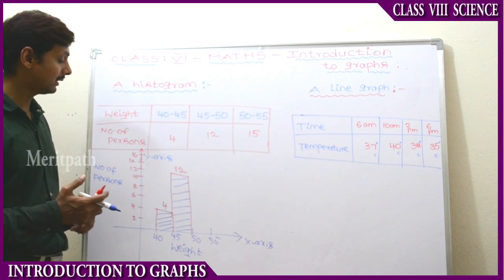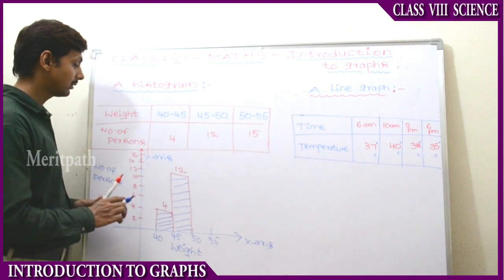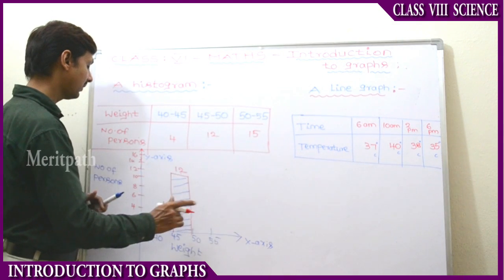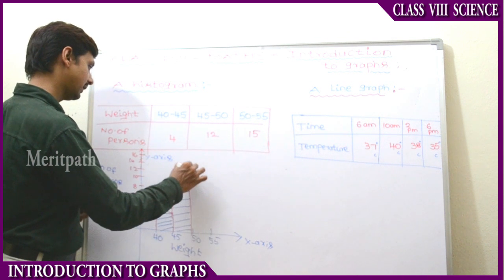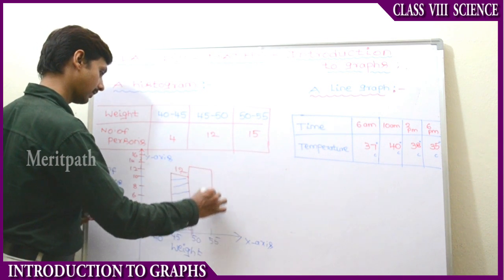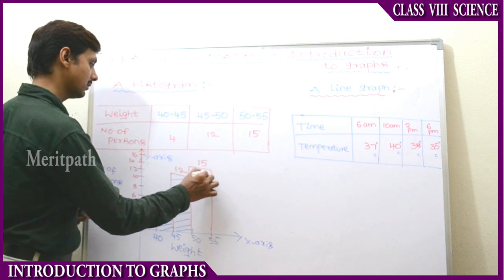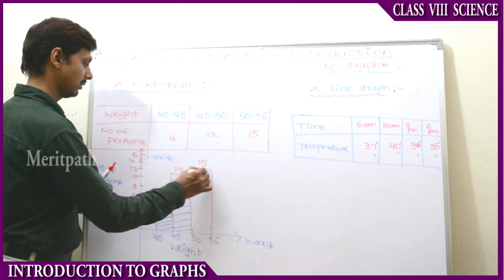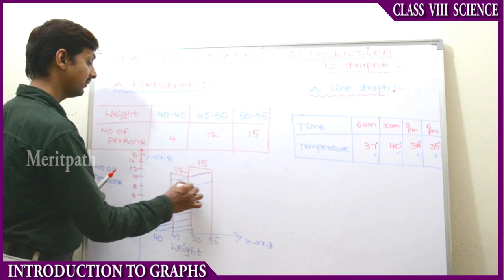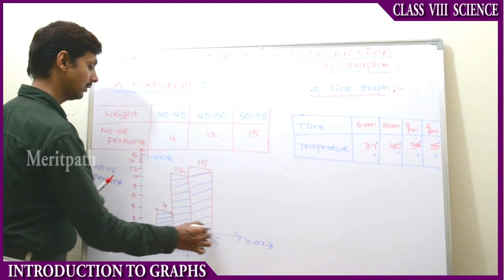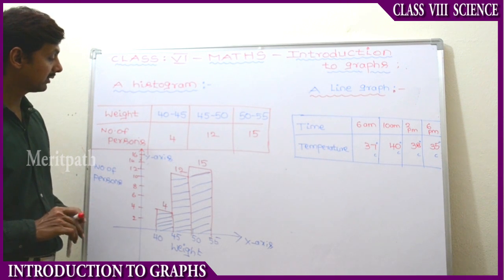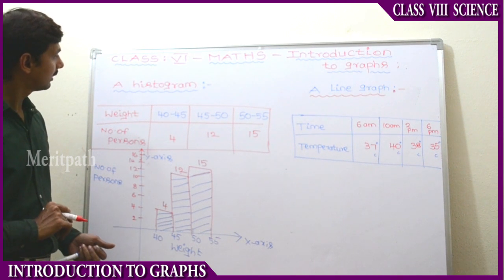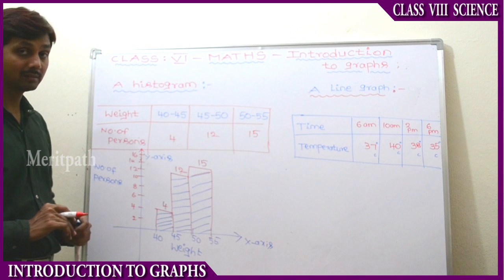And the next bar, 50 to 55, is 15. So this is 15, the number of persons between 50 to 55 kgs, 15 members. So this is the histogram. We use the bars in that.